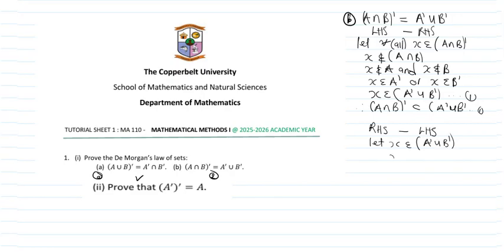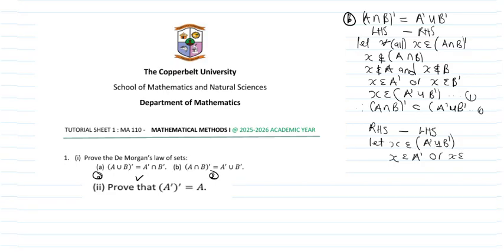This means that x is a member of A complement, then this or will change to and, this union will change to or. X is a member of B complement, like that.